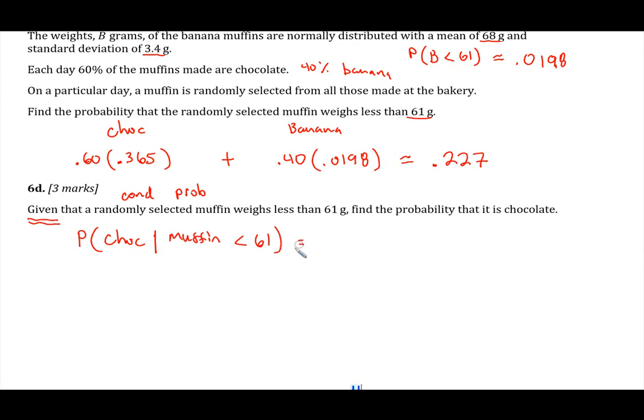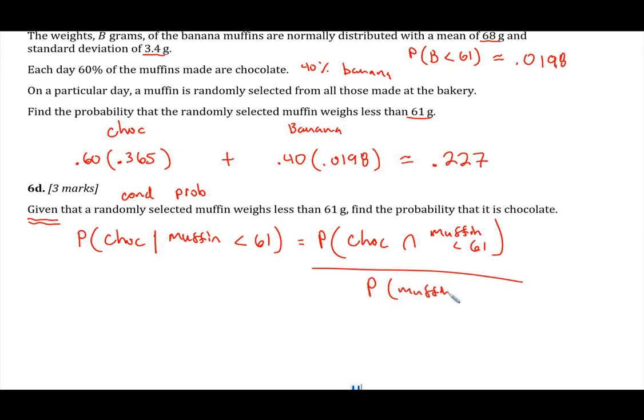So if we use our conditional probability formula, we know that the numerator is going to be the intersection of chocolate and the muffin weighing less than 61, divided by the probability that the muffin is less than 61 grams.